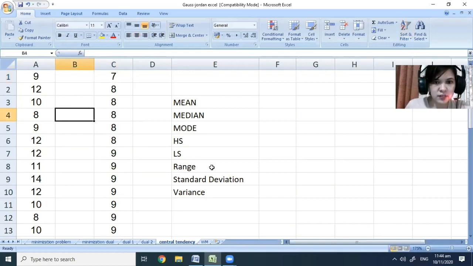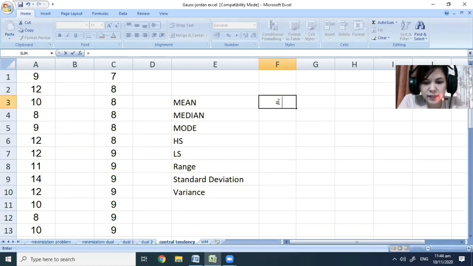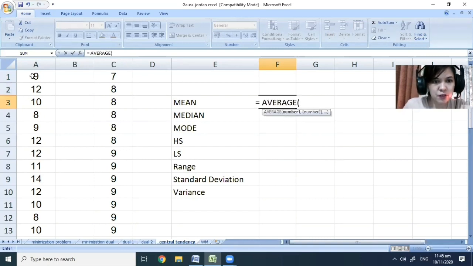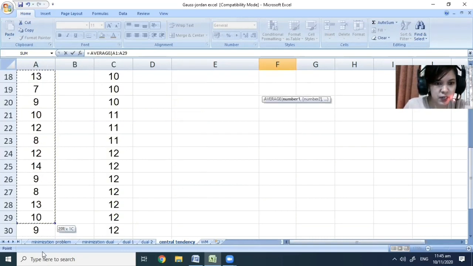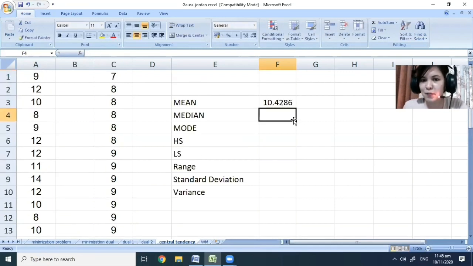Then, afterwards, we will compute the mean, median, and mode. How to compute for the mean? Click, press or type equal sign, then type average, then drag the values from cell A1 to cell A35, then click enter. So that's your mean.